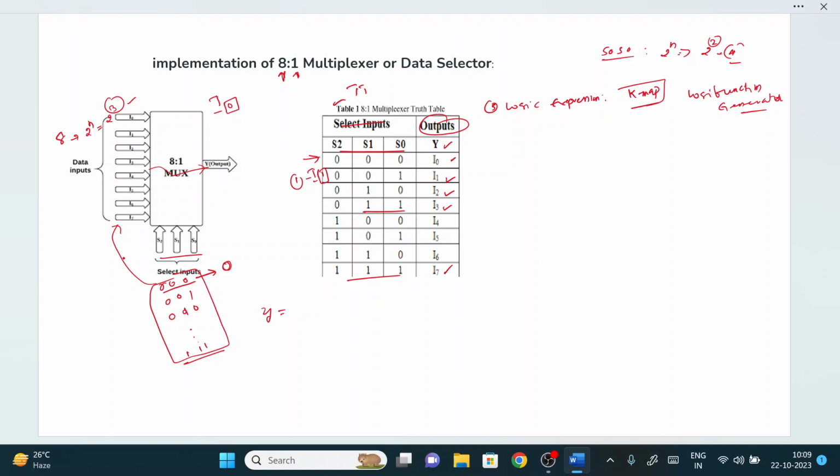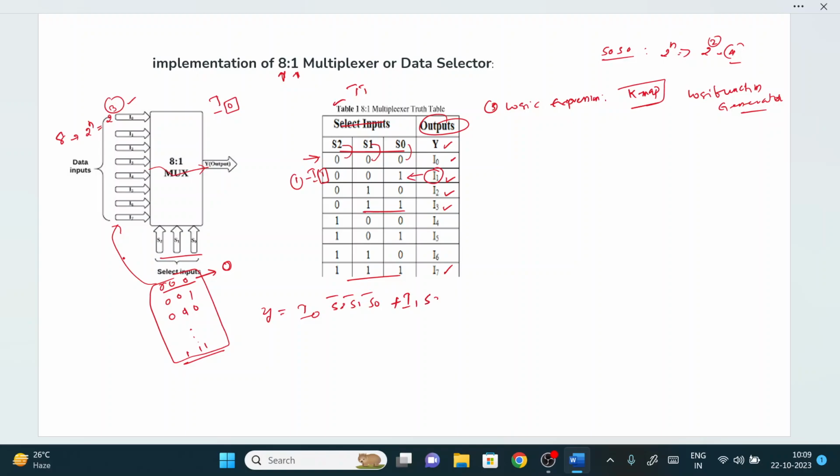When we are getting the selection line I0 value, I0 is selected when the input value equals 0, 0, 0. 0 means S2 bar, S1 bar, S0 bar. So this is one possibility. Then the I1 value is obtained based on the selection line 0, 0, 1.